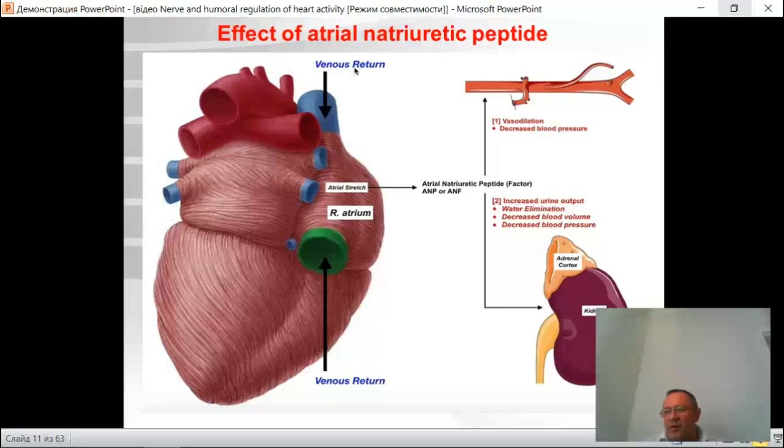The second effect of natriuretic peptide is its influence on the kidney. Increased urine output, water elimination, decreased blood volume, and decreased blood pressure. This is the effect of natriuretic peptides.